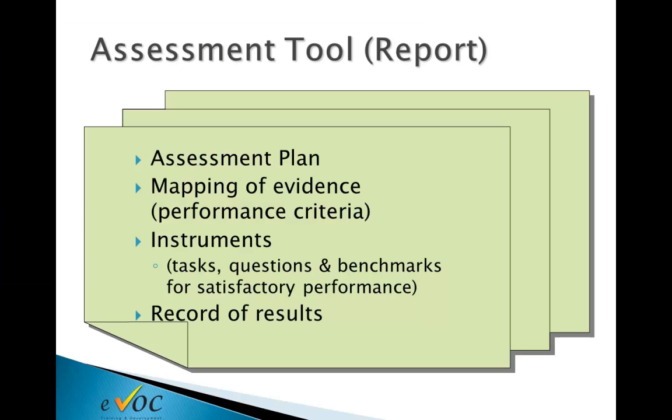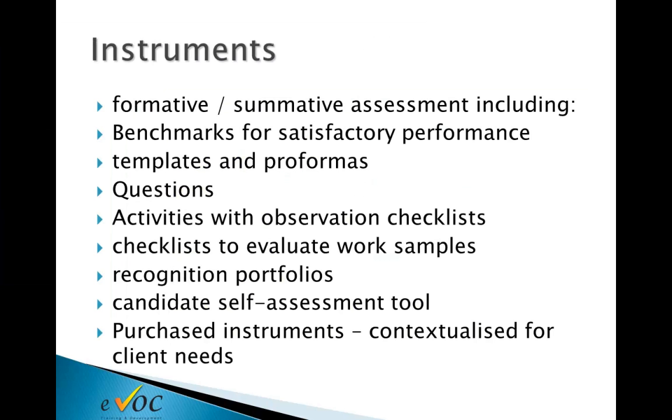So some examples of those would be observation checklists for some tasks and some questions. So you've actually seen examples of the question instrument. And then finally, at the end of this, we actually have a record of results. So first of all, we'll look at a few other instruments.